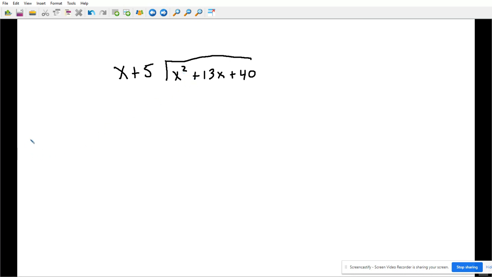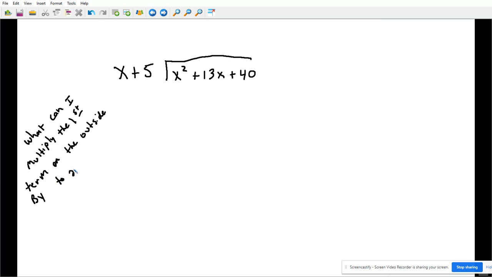I ask myself, what can I multiply the first term on the outside by to get the first term on the inside?